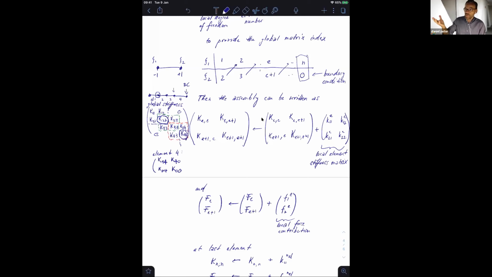Because 5 is not a degree of freedom, so we put 5 as 0. And that means all these contributions are 0. Doesn't count. The only actual valid contribution is this K44 coming from this local contribution k11 in the fourth element.